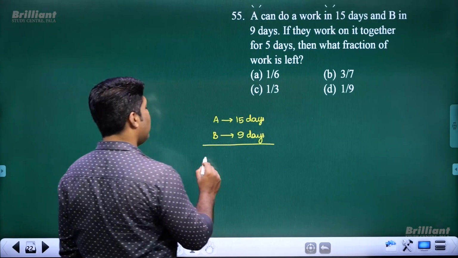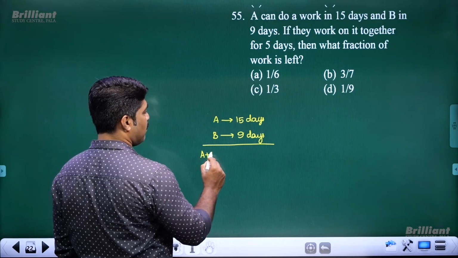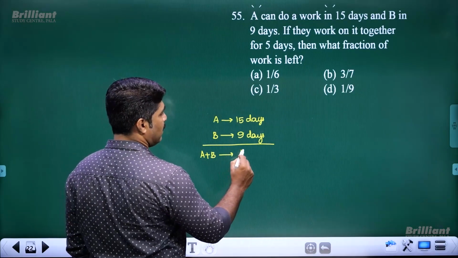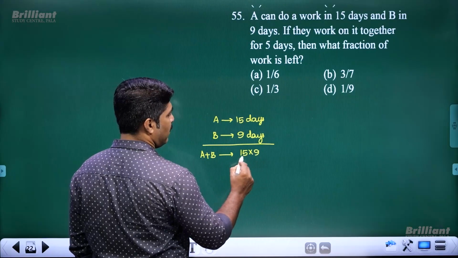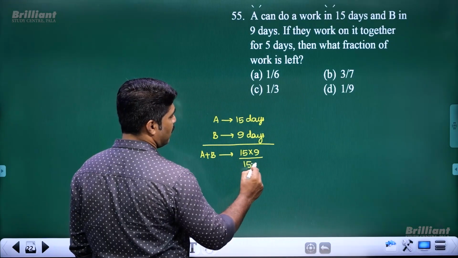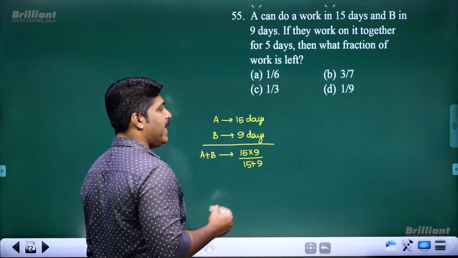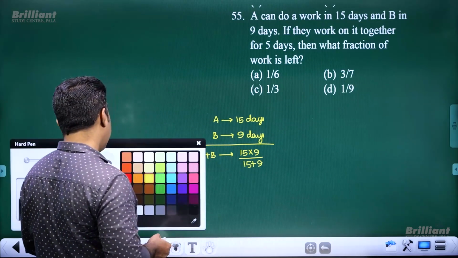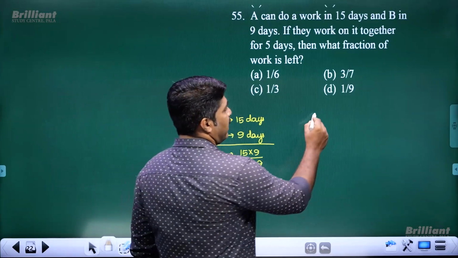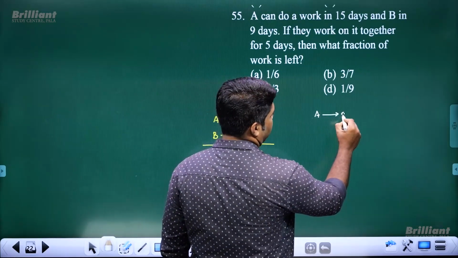Then A and B together can complete it in 15 into 9 by 15 plus 9. So that's the direct result. A can complete a work in X days, B can complete the work in Y days, then A and B together.